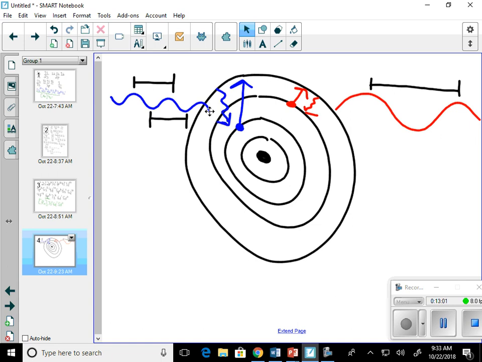Looking at these two colors here, which one do you think has a higher energy, the blue or the red? What do we think? Blue. There's two ways you can think about it. This blue one is moving smaller and faster. Faster means higher energy. That sounds good.